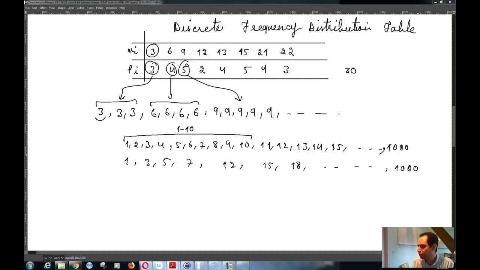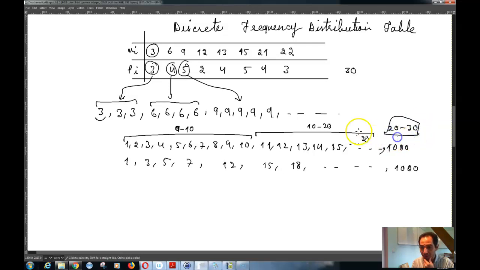Or basically I could call it 0 to 10. And then the numbers all the way up to 20, I can call 10 to 20. And the numbers from 21 to 30, I can call 20 to 30, and so on and so forth.